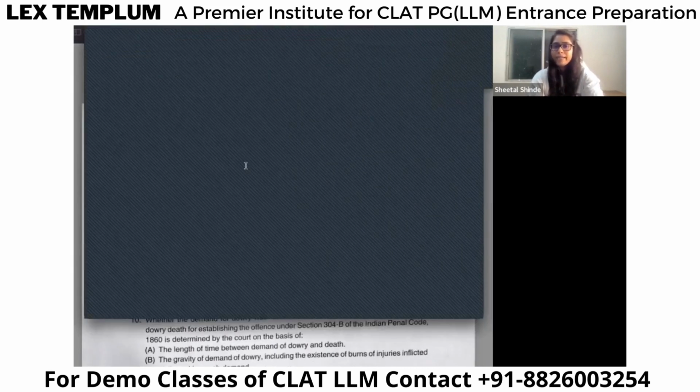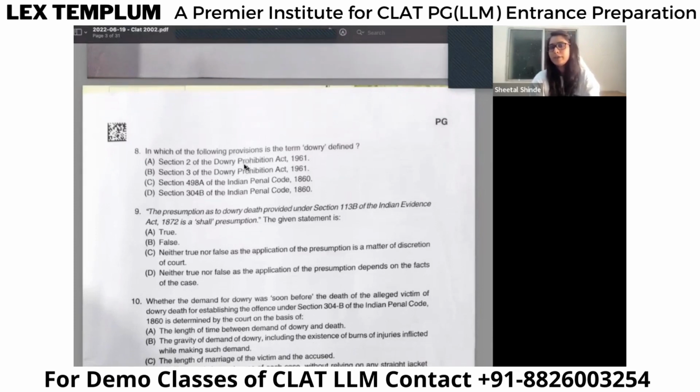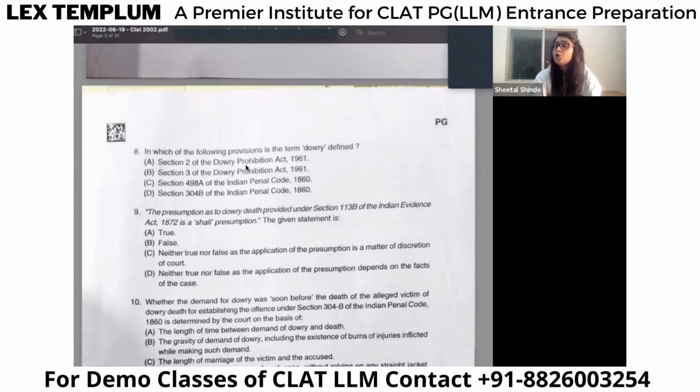Now, the answer to 8 is A. Again, this is a very straightforward and direct question. You don't really need to know the Dowry Prohibition Act 1961, but if you have read section 304B of IPC and Satvir Singh, which is a landmark case on that, you will find mention of section 2 of the Dowry Prohibition Act 1961. So I think that's an easy question.